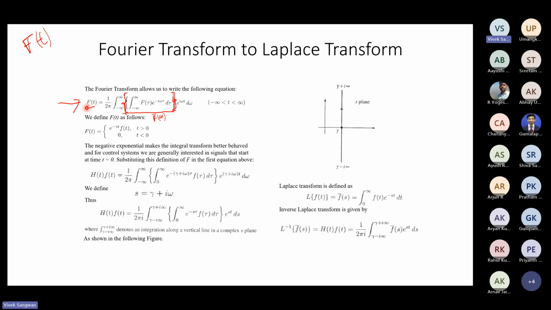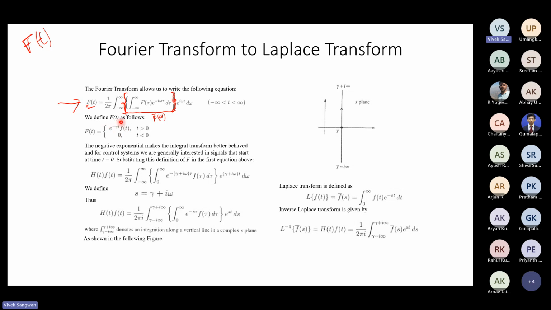We are choosing this capital F(t) to be this function. The nice thing about this function is that it is 0 before t equal to 0. That is the type of function we are interested in for controls. And for t greater than 0, it has some unknown function f(t), which can be the function that we are actually interested in, multiplied by a decaying exponential e raised to the power minus gamma t.